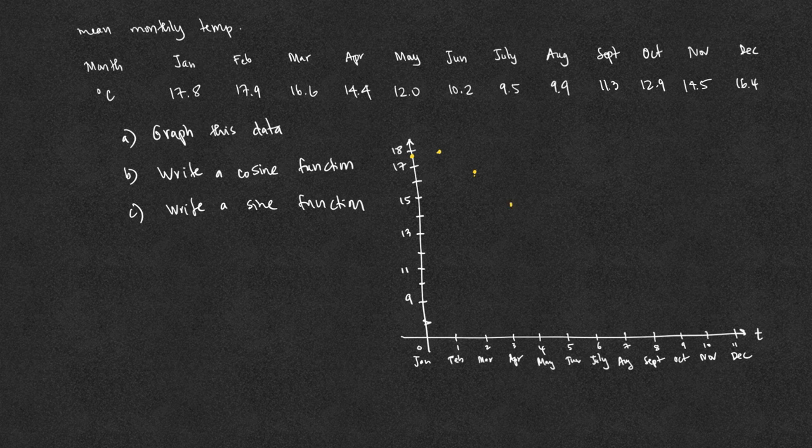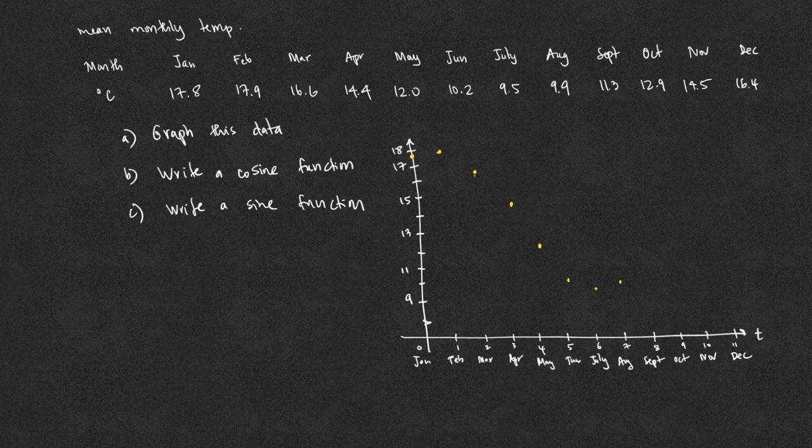In May, the temperature is 12. In June, the temperature is 10.2. In July, the temperature is 9.5. In August, the temperature increases to 9.9.